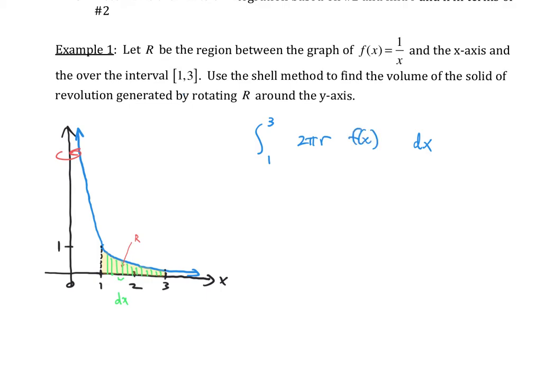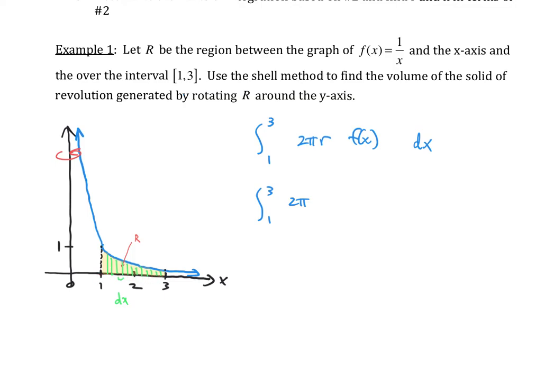So let me write in what those pieces are. That's going to give me a 2 pi. The radius is really going to be given by the x values. So x is starting at 1, so the smallest radius is 1. I'm going to iterate through each of these shells. The biggest shell is going to have a radius of 3 over here. And all the radii in between are determined by whatever x value we have from 1 to 3.